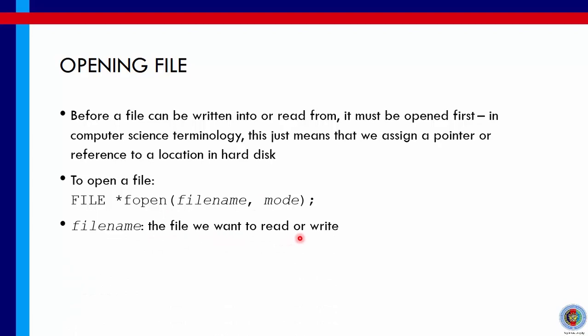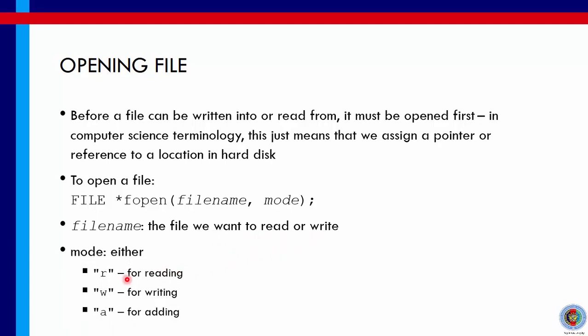So file name is the file that we want to read or write, and the mode is either R, W, or A, or a combination of these three, RW or WR or RWA, and so on, depending on the kind of IO that we want. Either we want to read only, write only, or read and write.